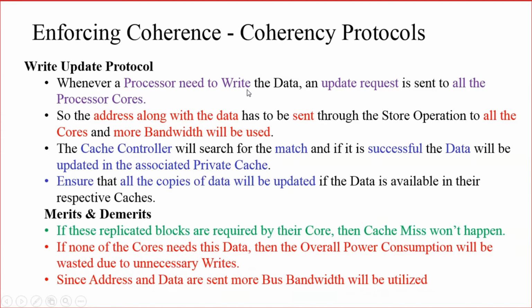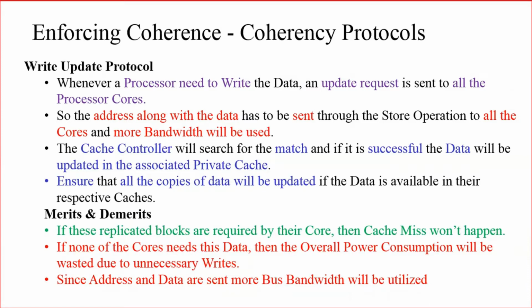Since all the copies of data should be updated with the new data, what all things have to be sent through the bus? Address along with the data should be sent. But in write invalidation protocol, only the address needs to be sent, because if this address is present in other cores, those address locations need to be disabled.